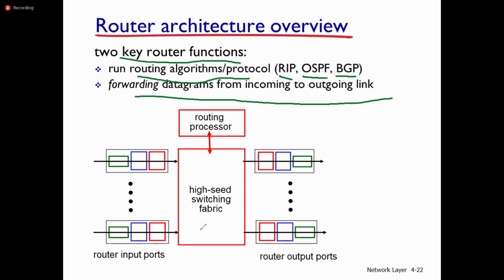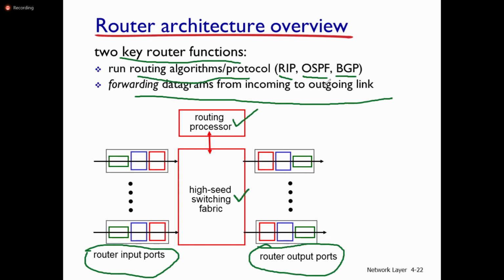If you look at the router, it consists of a routing processor as well as a high-speed switching fabric. So a router internally consists of a processor as well as a switch, then router input ports and router output ports.